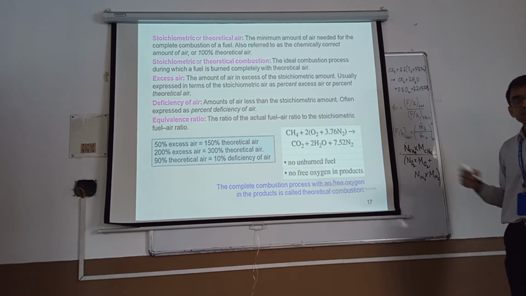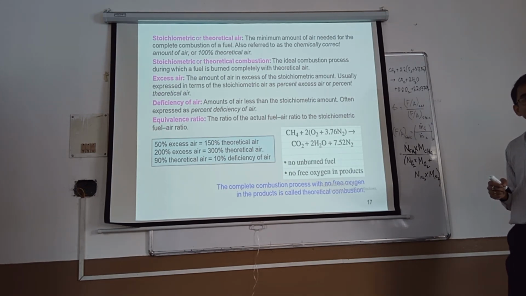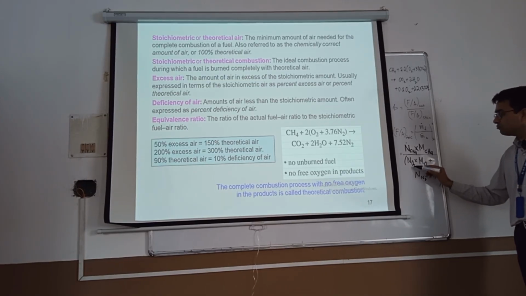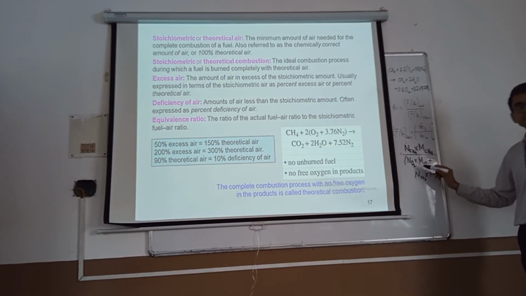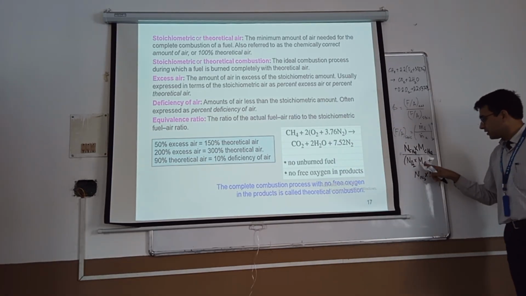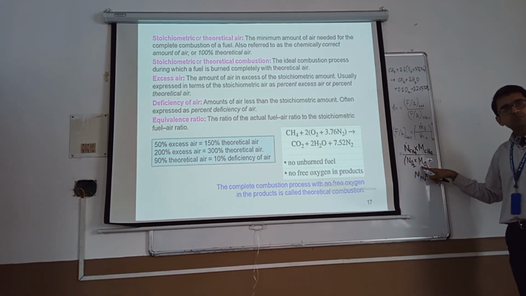Don't just note what is the value. That is the test, isn't it? What is N O2? Number of moles of oxygen? 2. Simply 2. What is M O2? You know. Right? 32.